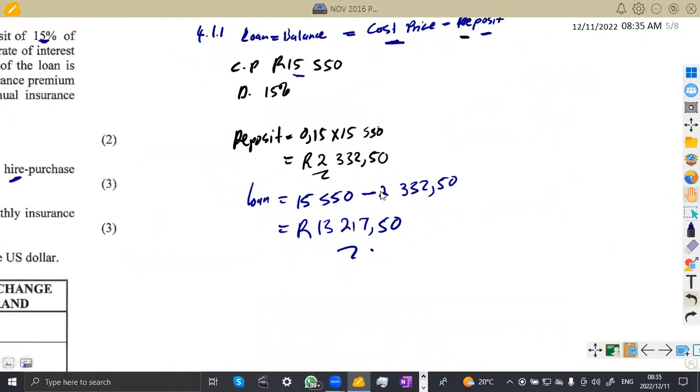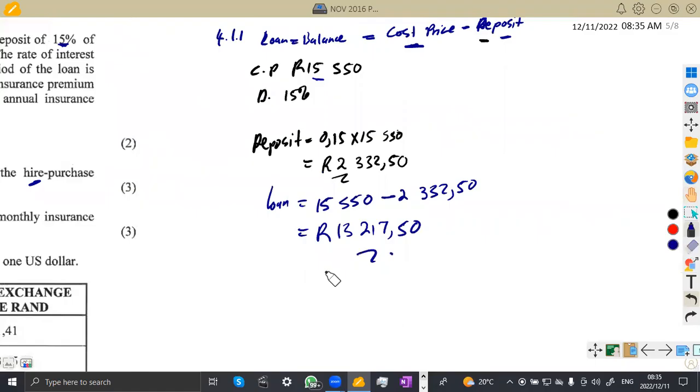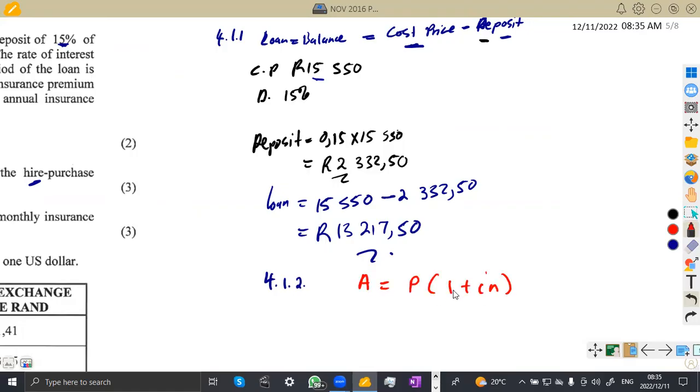All right, so let's see, we can even try and work it out here. So 4.12. We know that hire purchase is simple interest, where the amount is equivalent to P into 1 plus IN. So we need to calculate the accumulated amount, which is the A. The P, which is the principal, the initial balance, which is the loan.